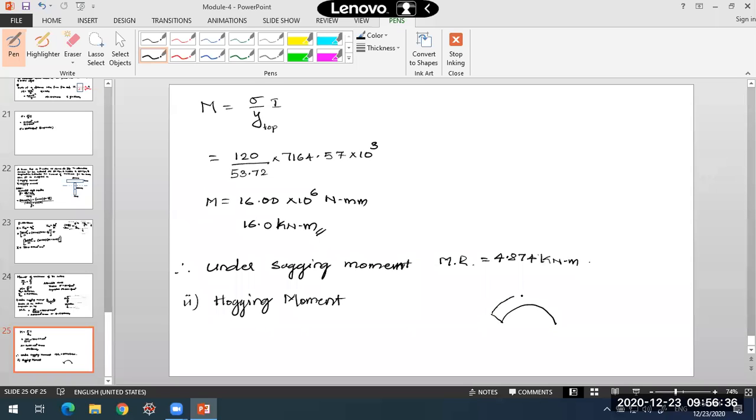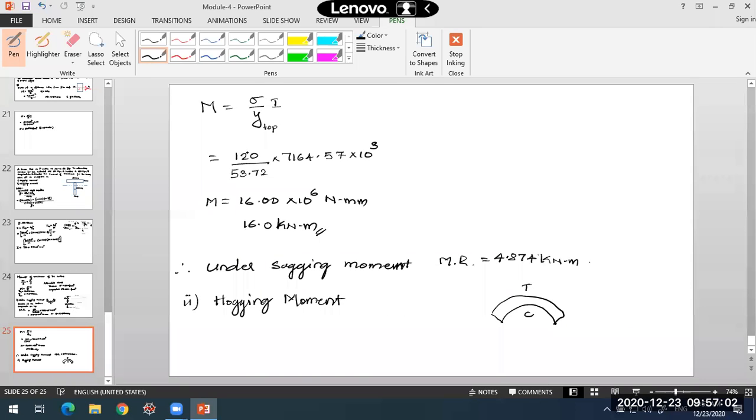When the beam is subjected to hogging moment, compression is on the bottom and tension is on the top. Now, the only thing is, when you take y top in the flexural formula M by I and try to find the moment of resistance, the sigma value will change.